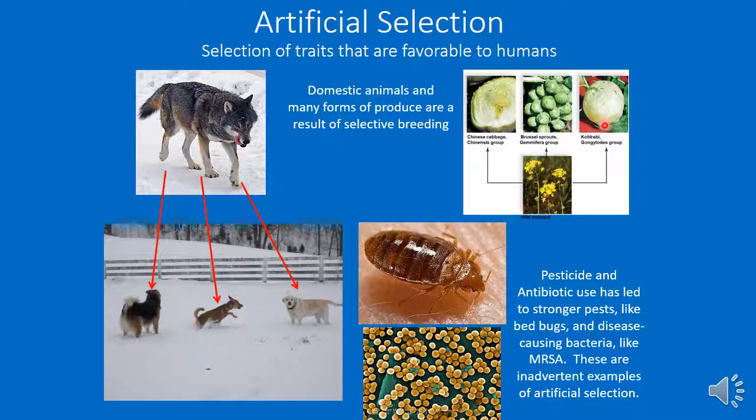And these are inadvertent examples of artificial selection. We did this, we caused it, but we didn't really do it on purpose. But since people did it, it's still called artificial selection. And these superbugs, like MRSA, should give you nightmares. There is now a strain of tuberculosis that no known antibiotics can kill. So, yeah, it's pretty scary.